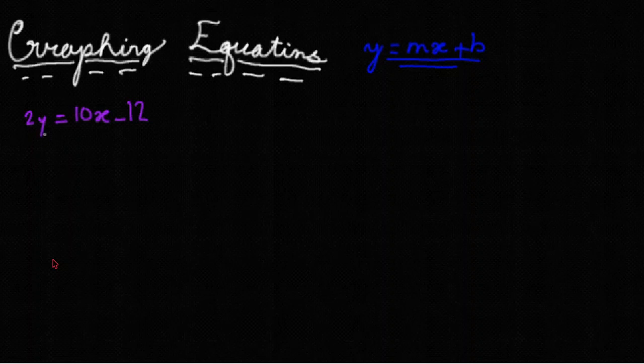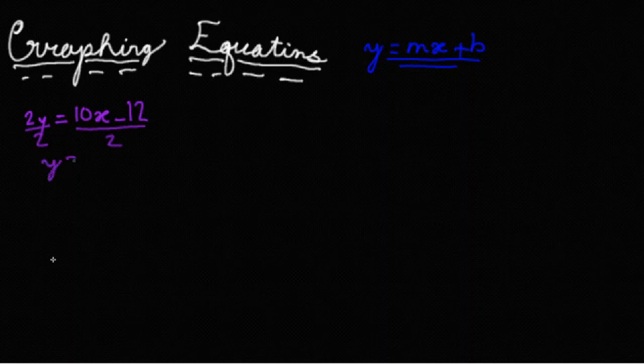We have to divide the 2y by 2 because we have to find out y, and to find out y we have to do inverse operations. So 2y divided by 2, and whatever you do on this side you do on the other side also, so that's 10x minus 12 divided by 2 also.